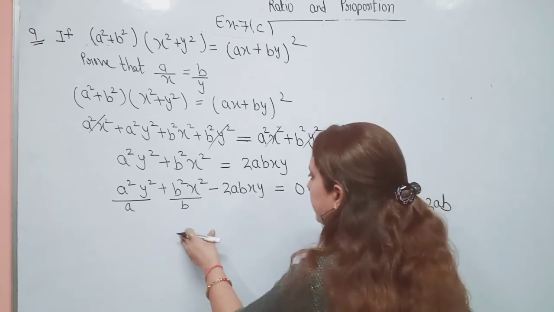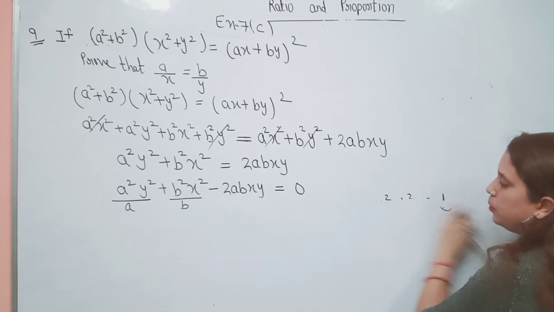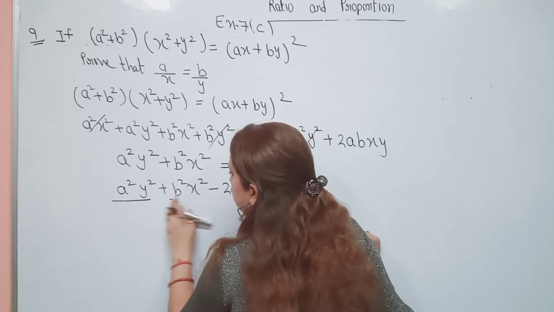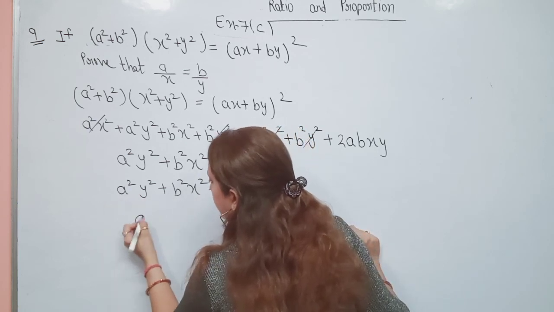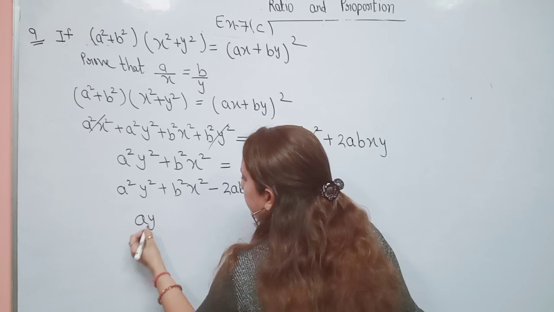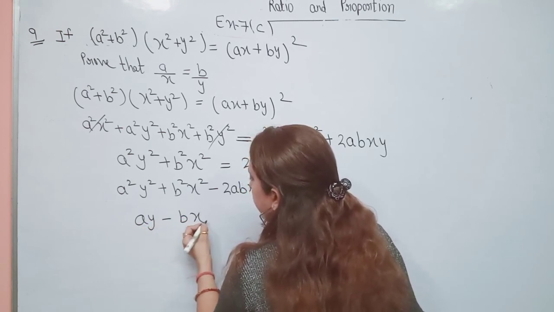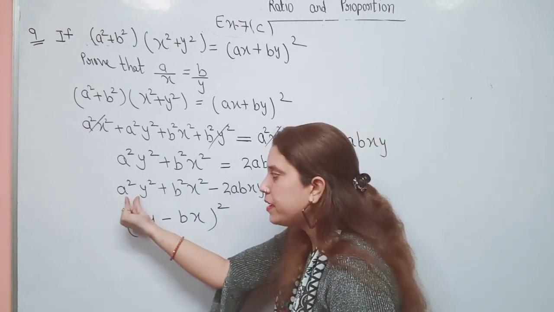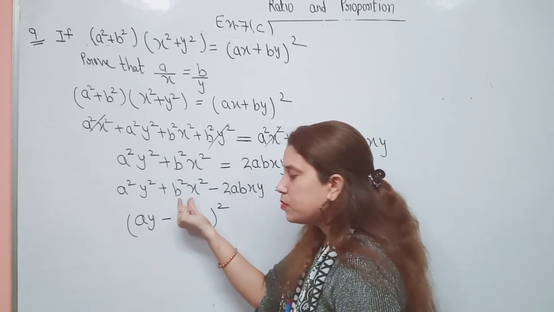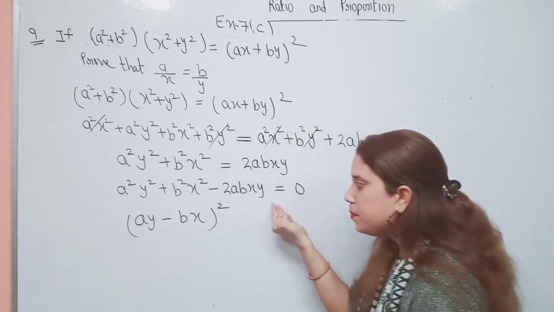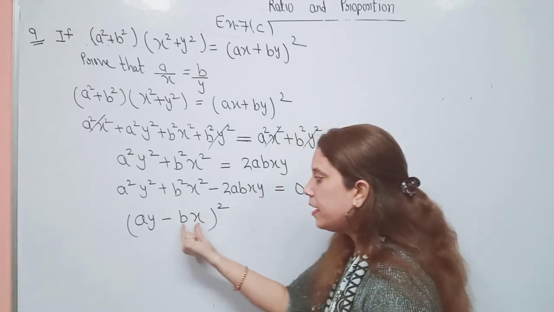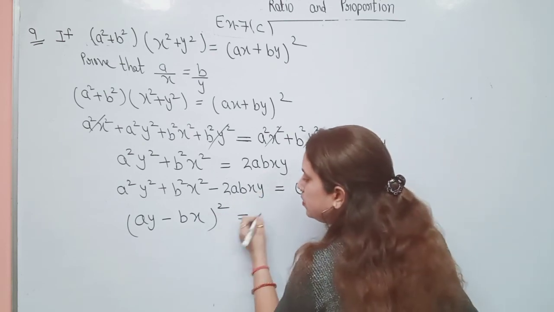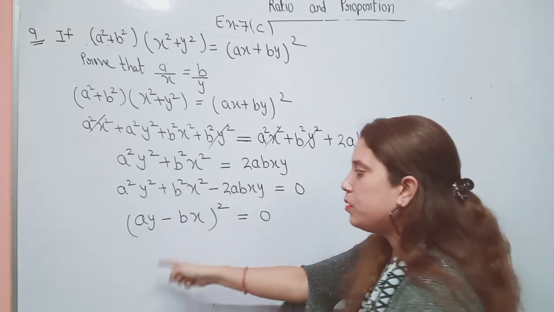So apply here the identity of a minus b whole square. This is the identity of (ay minus bx) whole square. When we open the identity, it will come a square y square plus b square x square minus 2abxy is equal to 0. After that, we will take square root on both sides.